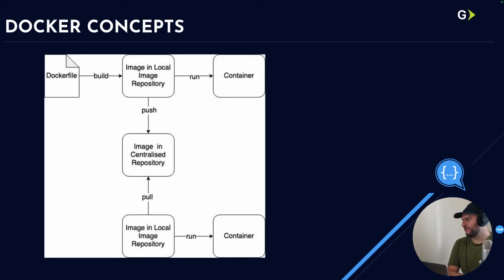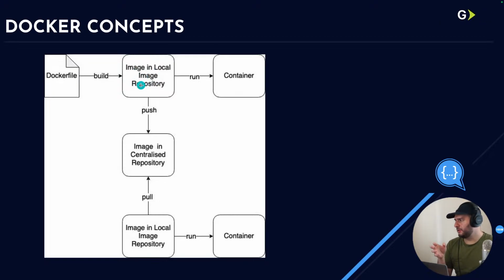All right, so here's how we can see the concepts of Docker in action. We have the Docker file, which we said is like the template, the script language that we will use to create an image. So with the Docker file, we build that file and we get an image. That image is stored in our local Docker repository, which is a similar thing like a Git repository, right? But it's for images.